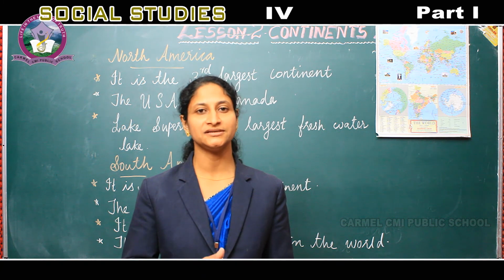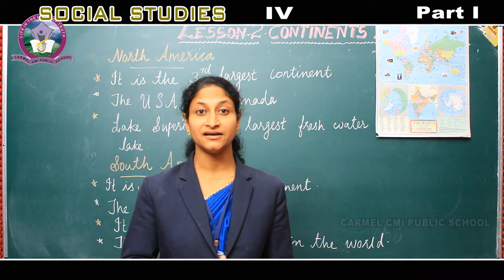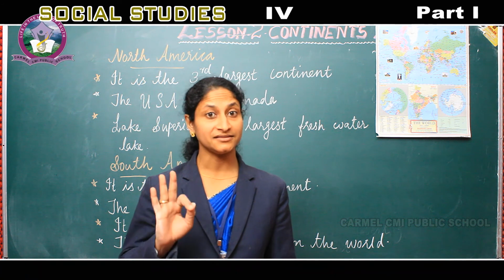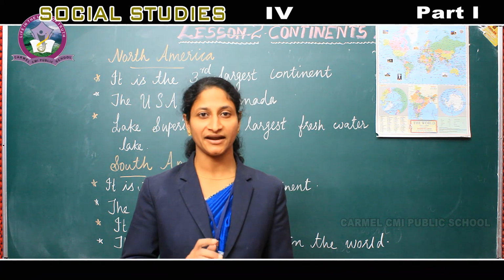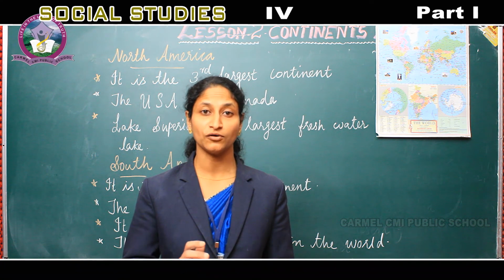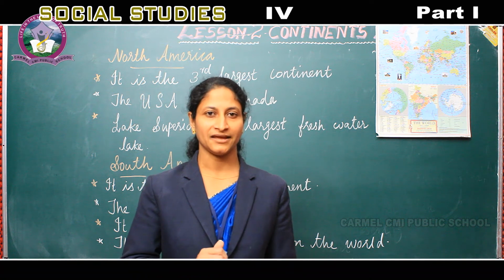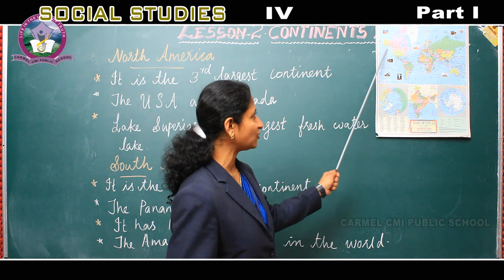Next we are going to learn about North America. North America is the third largest continent of the world. The USA and Canada cover the major part of this continent. See, here this is North America.